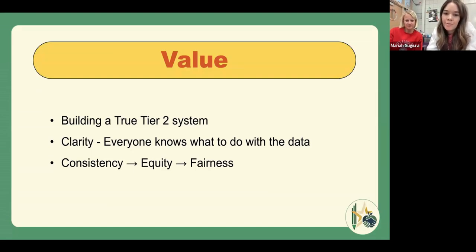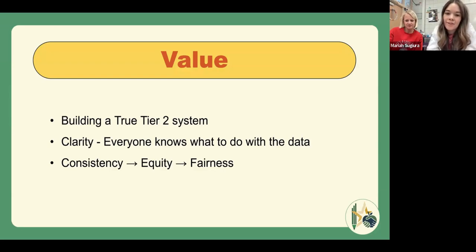Truly, our Tier 2 system has been a work in progress. We were just talking, and it's been about 3 years that we've really been attacking that Tier 2, collaborating with everybody. Knowing that our teachers, our students, and our community stakeholders are invested and aware of our Tier 2 process is really important to us.